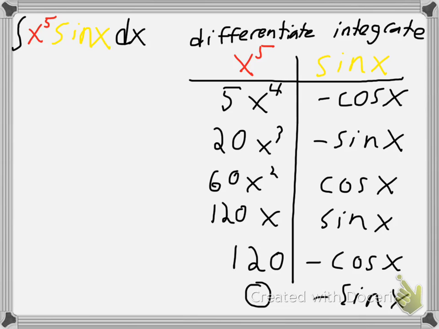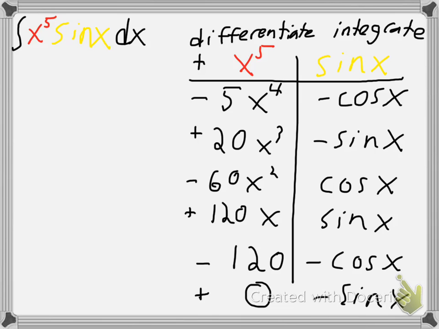From here, now we're going to combine the two sides, and I'll show you how, and that'll get us the integral. So first off, we make sure that the differentiated side is alternating positively and negatively, starting with x to the fifth being positive.